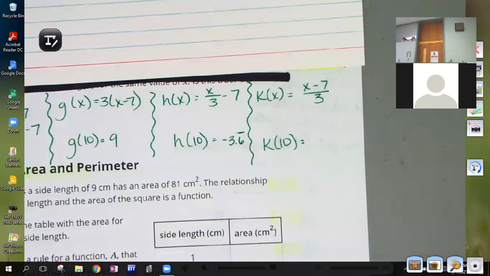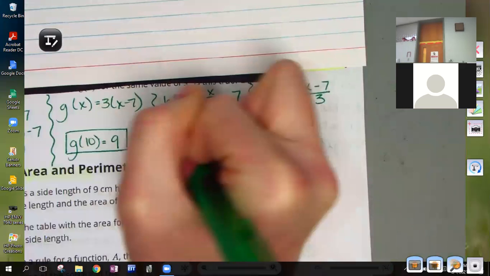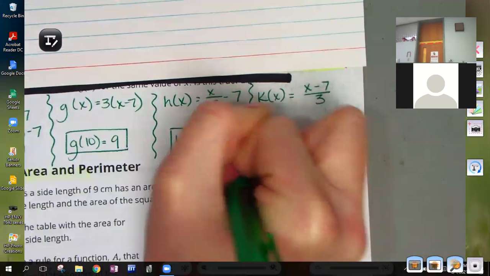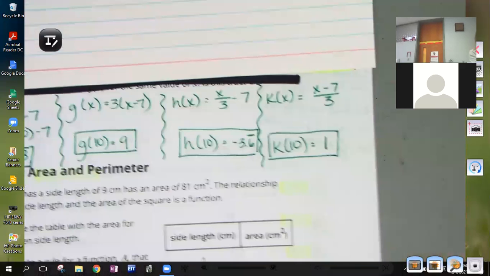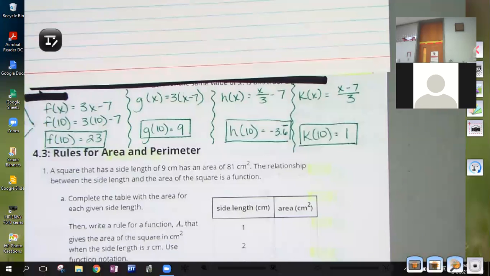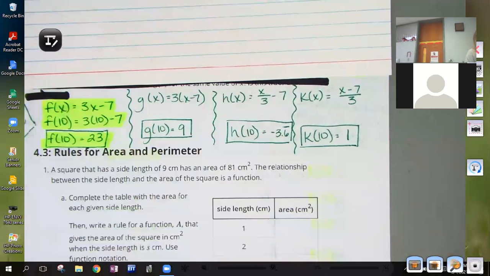Sorry, I can't hear anything. Someone else said it. All right, so here are our 4 outputs. So which one of those is the greatest? F. F has the greatest output when the input is 10.